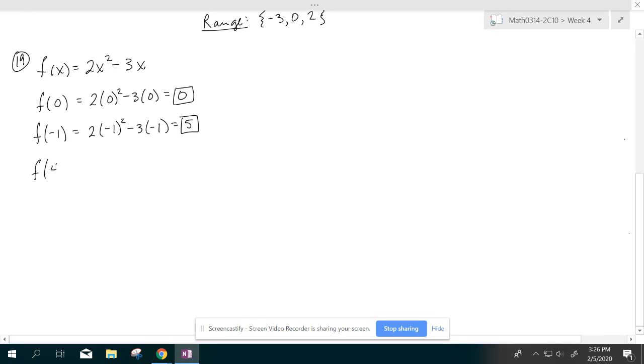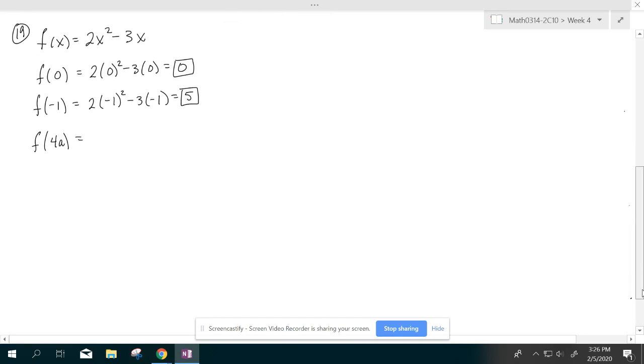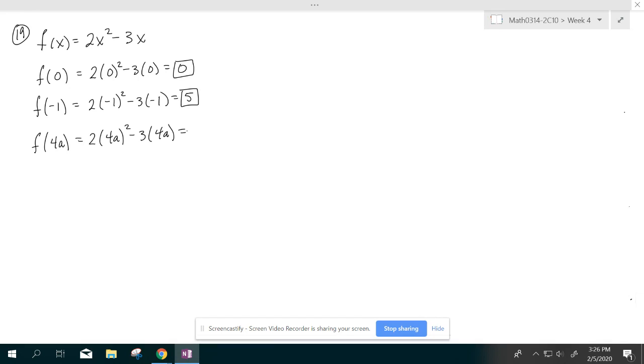f of 4a. Let's do f of 4a. Now, what am I going to replace every x with? 4a. And now you're not going to get a single value for an answer, you're going to get another expression. And do y'all remember your PEMDAS?